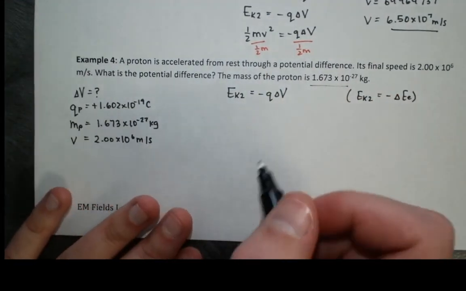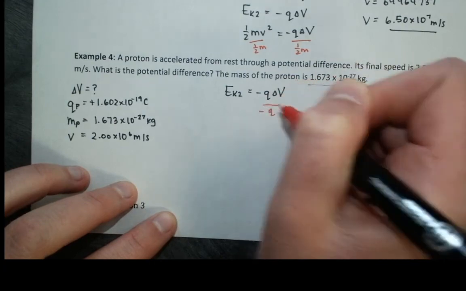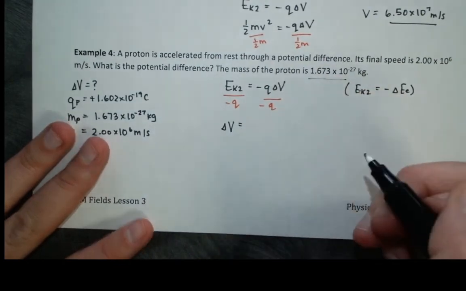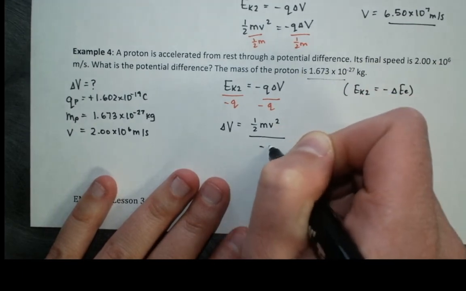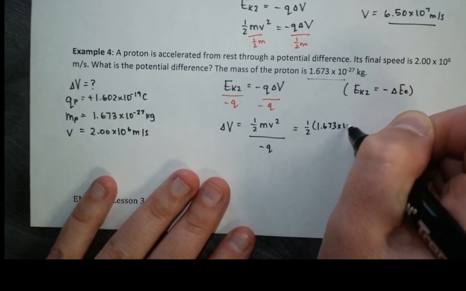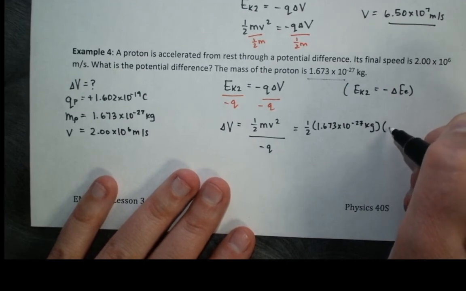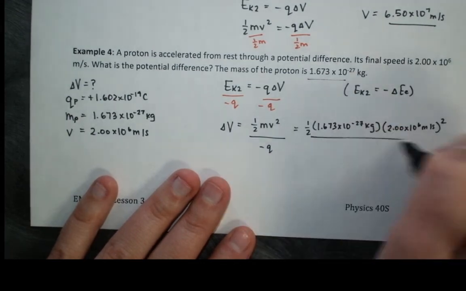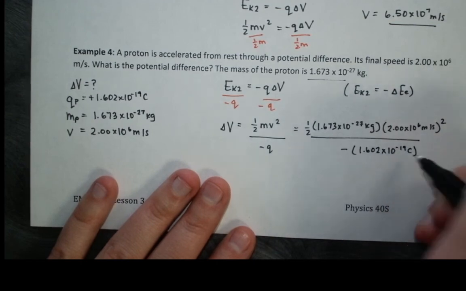So EK2, this time we're looking for delta V. So delta V is really a half mv squared divided by negative Q: a half times 1.673 times 10 to the negative 27 times 2 times 10 to the power of 6 squared, divided by negative 1.602 times 10 to the power of negative 19 coulombs.